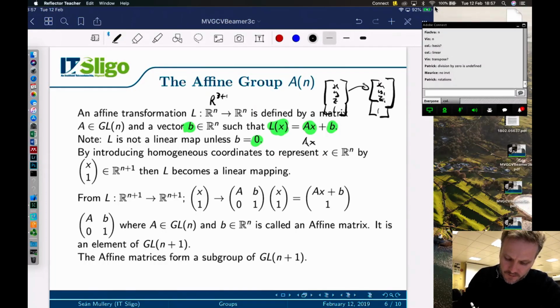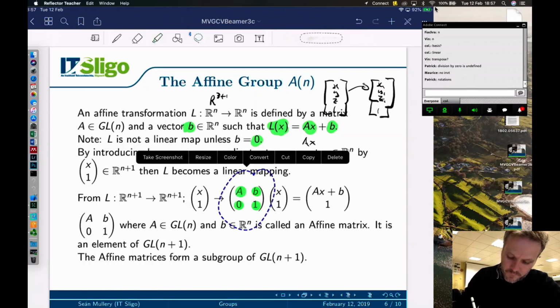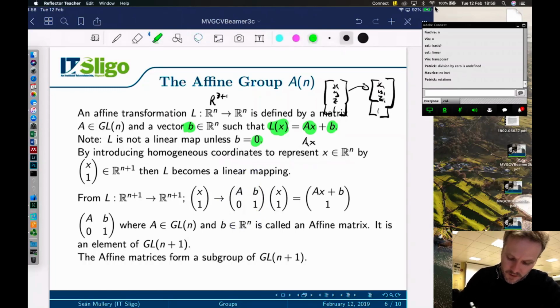And that allows us to put the matrix in this form, A, with our B there separately, and we set it up like this. If we do this multiplication, you can see what will happen. We multiply the A by the X and add to that the B multiplied by the 1, which gives us AX plus B. And then the 0 multiplied by the X gives us 0, plus 1 by 1, which gives us 1. So again, we end up with this homogeneous coordinate at the end of it.